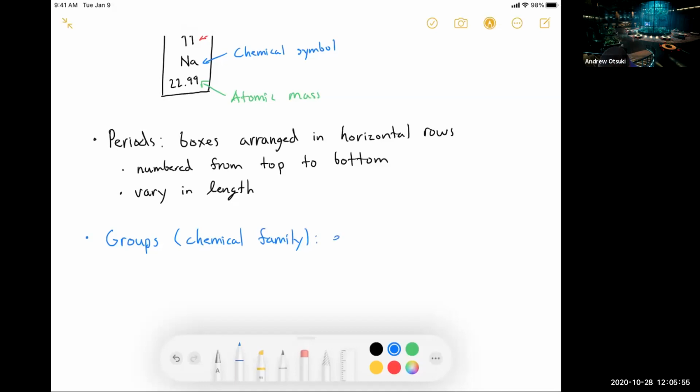So we say they are elements with similar properties placed in vertical columns.